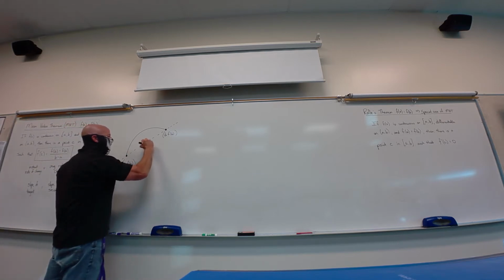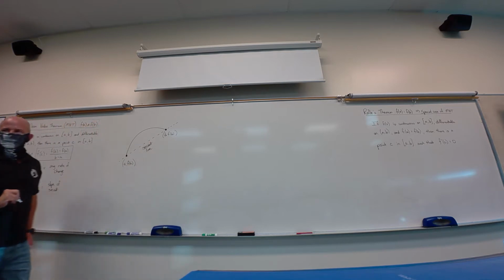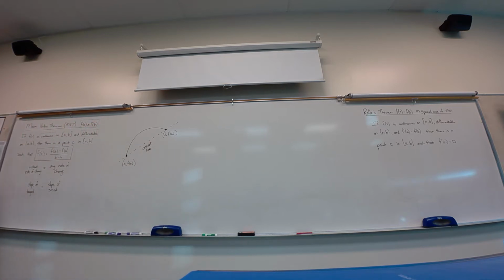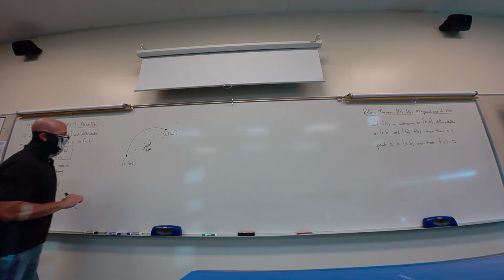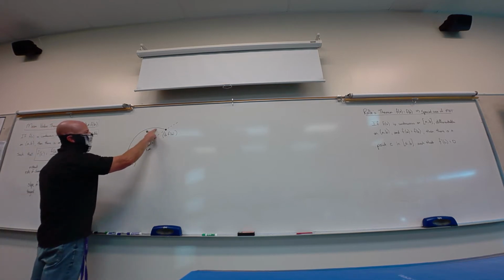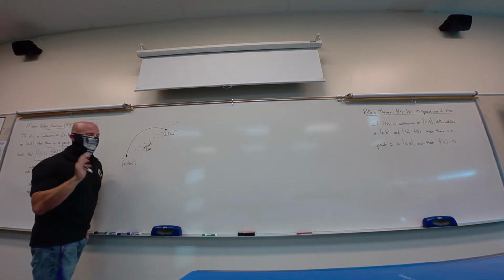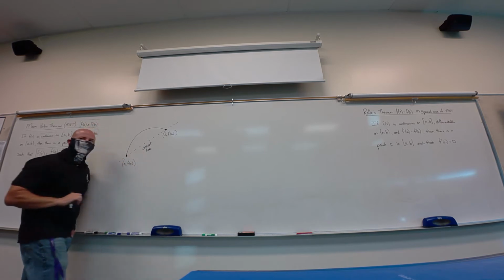This is the secant line going through. Does that secant line have a slope that's positive, negative, or 0? Positive. Now we don't know how positive because I don't have numbers, but I can tell it's positive. Does everybody agree with that? Yes. What this is saying is there is a tangent line up in here along the curve that has the same slope as that secant line.